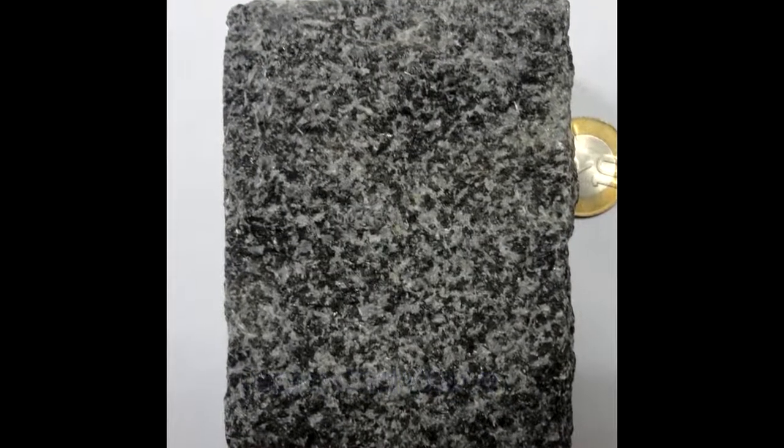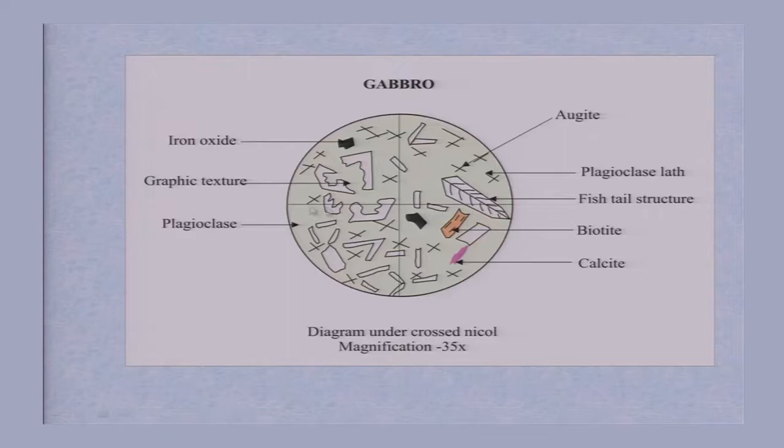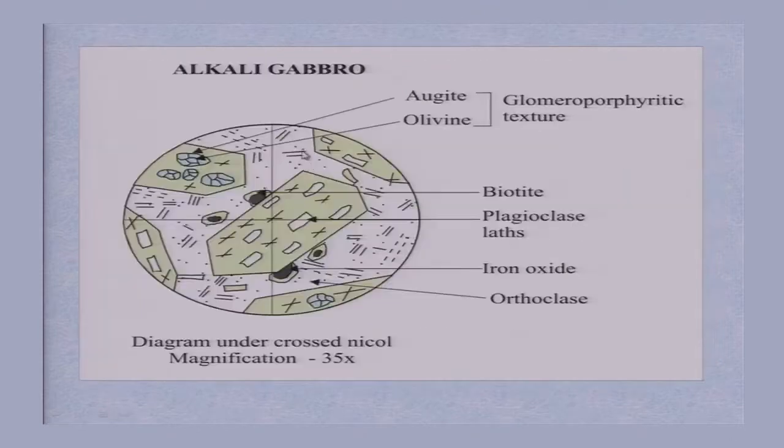So, this is another example. Gabbro is chiefly composed of augite, plagioclase, and iron oxide, and at some places it shows graphic textures. These laths are interwoven, and the space between the laths is occupied by green colored augite. Another variety of gabbro is alkali gabbro.